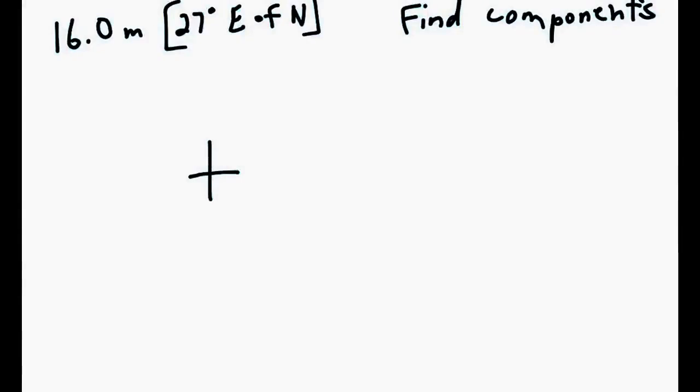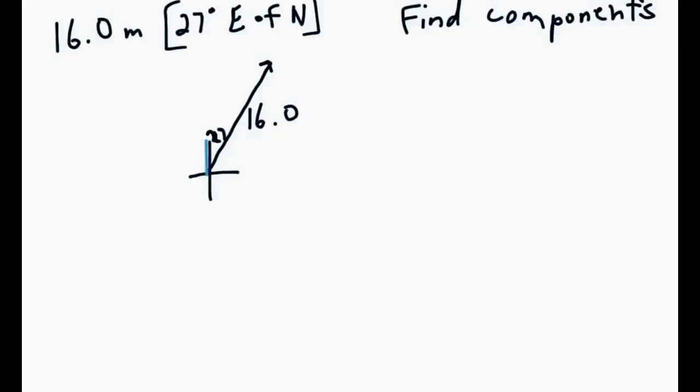So we want to basically take the answer now and work backwards. So with these ones, just make sure you draw them correctly. So let's sort of do a little grid so we're starting in the right direction. So if we're going east of north, that means we should be going something like that. So that 27 degrees would be down there. The length of our line is 16.0.